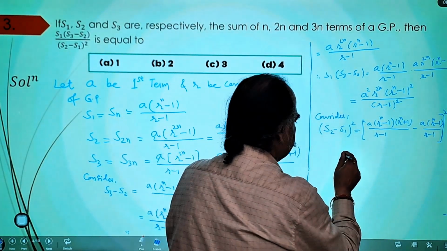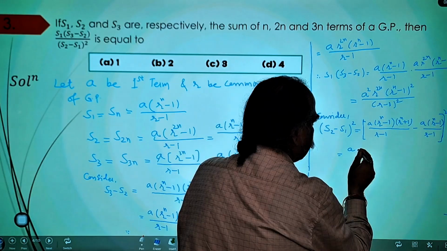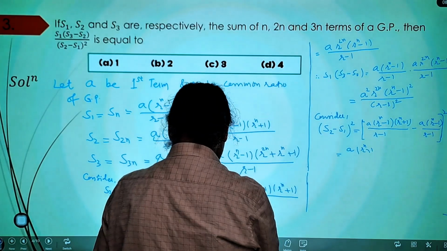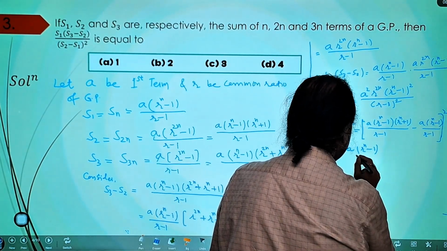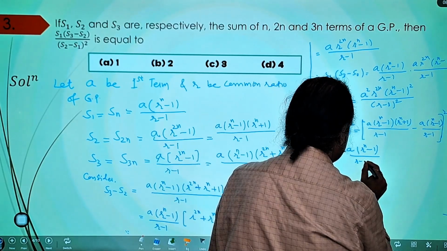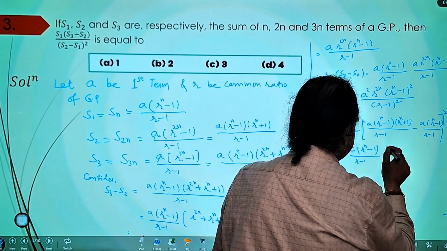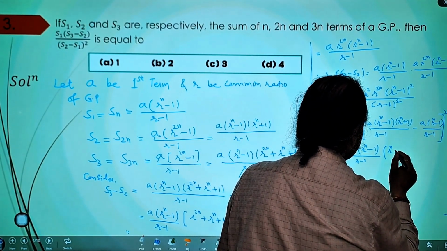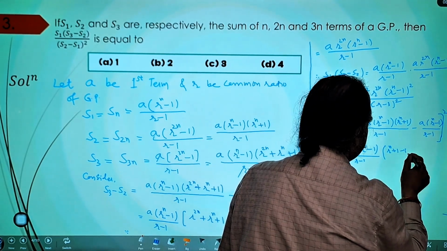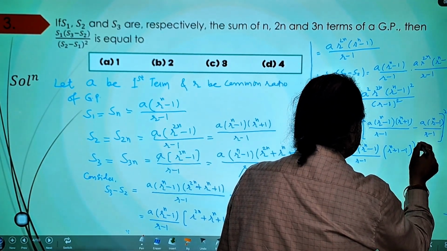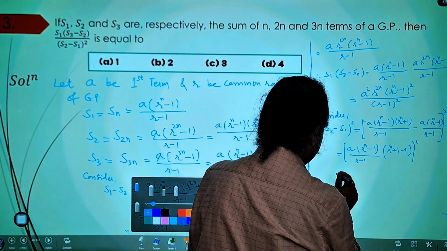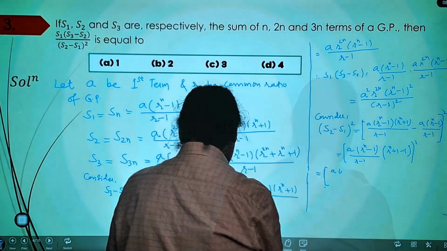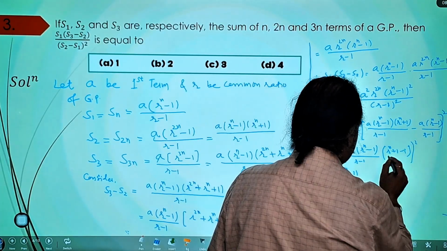Now we will take a r raised to n minus 1 common upon r minus 1 also. In bracket you will get r raised to n plus 1 minus 1, the whole square. A into r raised to n, and this will give you what?